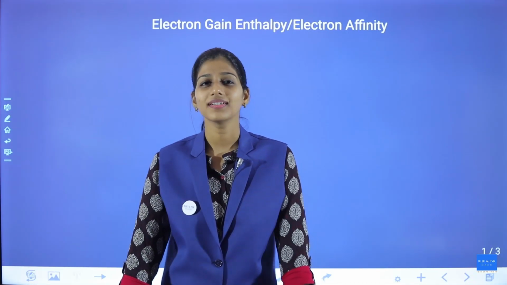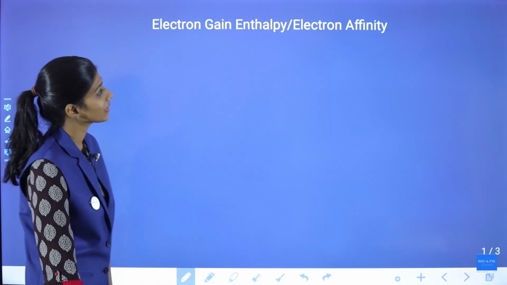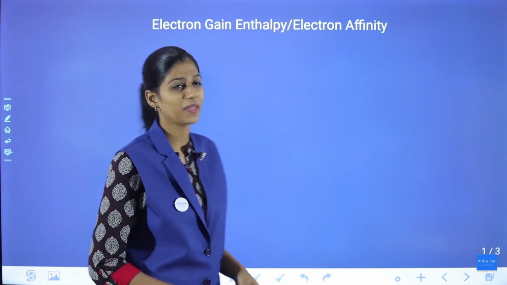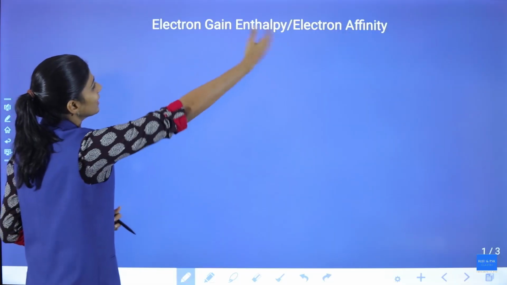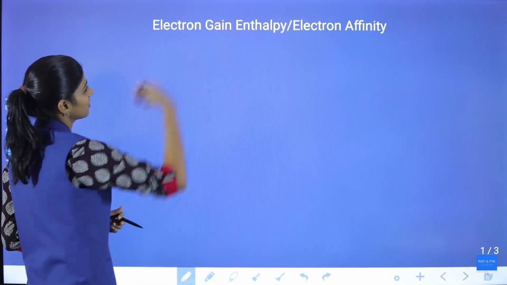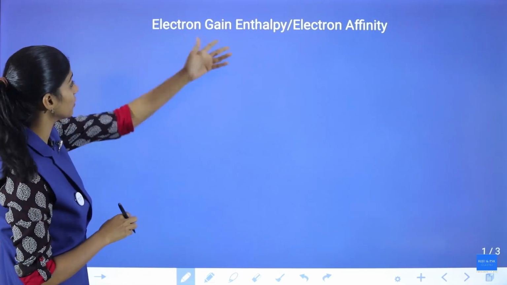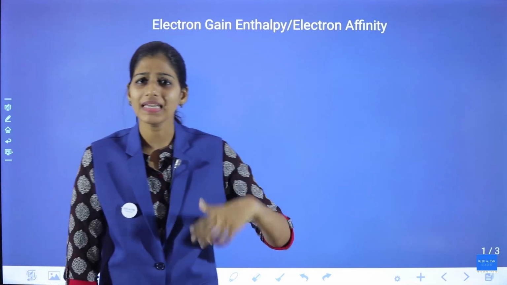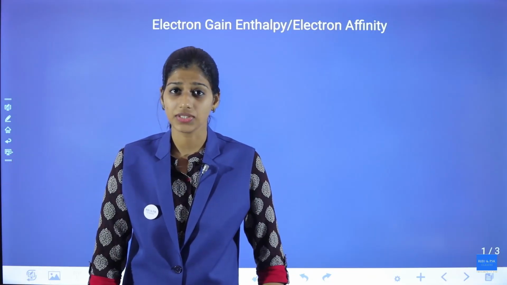So here let's see what electron gain enthalpy is. This is also known as electron affinity. You can have an idea from the word itself, it's electron gain enthalpy. What is enthalpy? Enthalpy stands for energy, right?